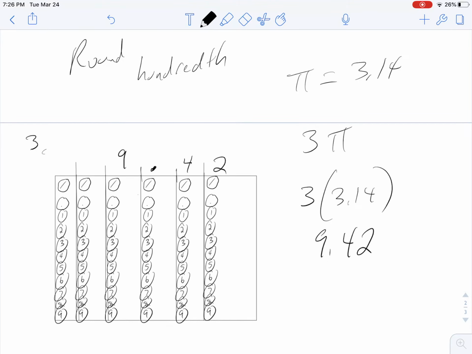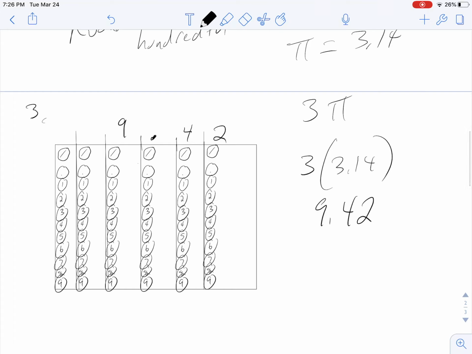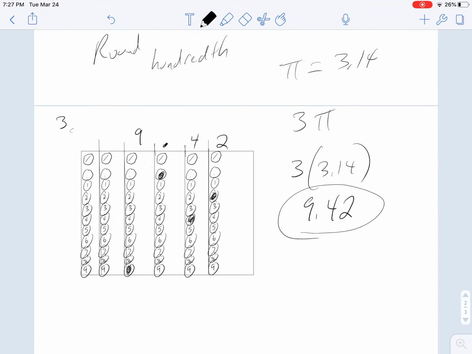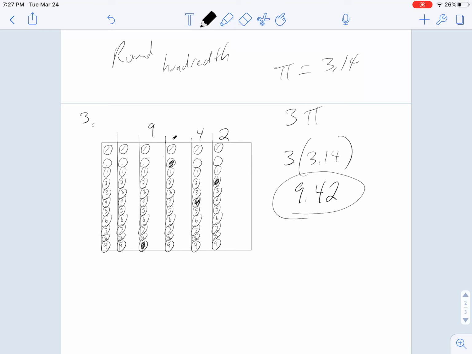You won't be inputting 3 pi, and you're not even going to use the pi button on your calculator. You're going to use 3.14. So you get 9.42, which is 9, decimal point, 4, and 2. That's what we would want you to do.